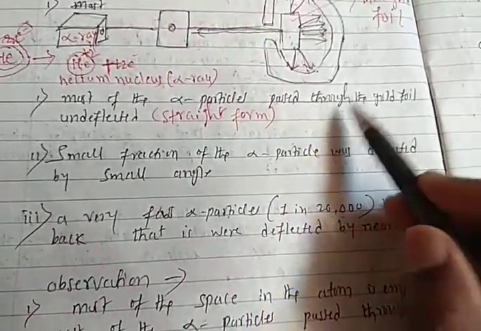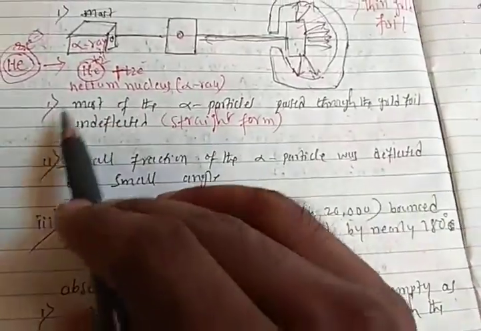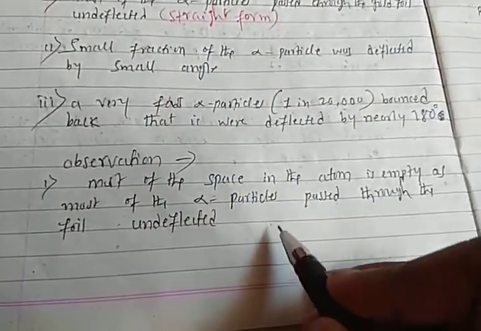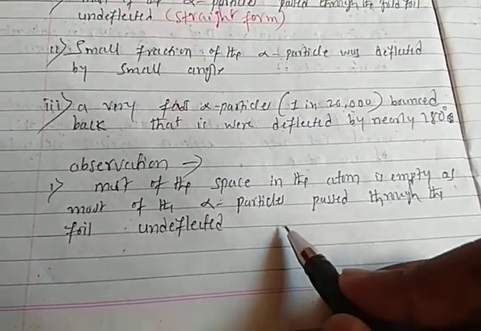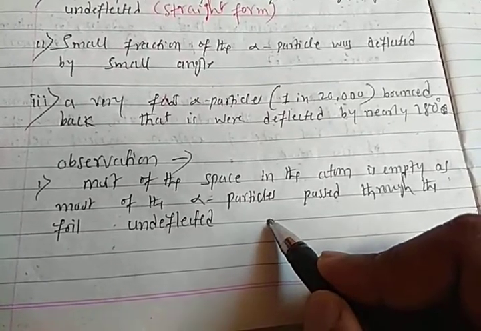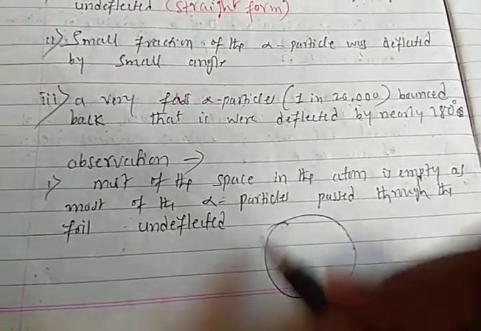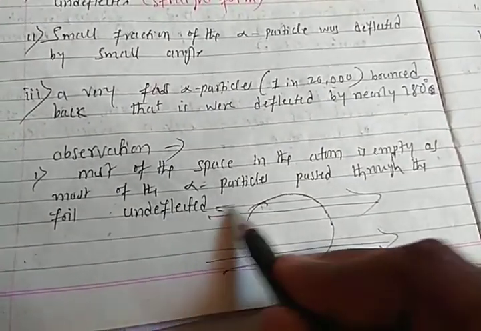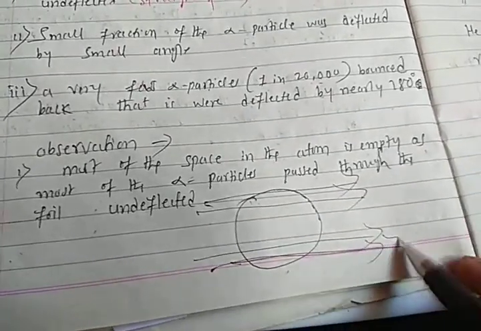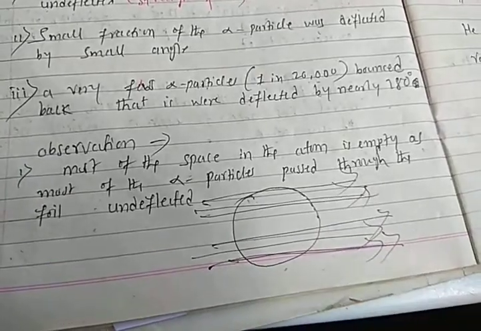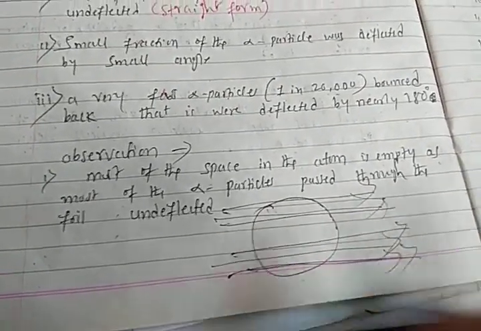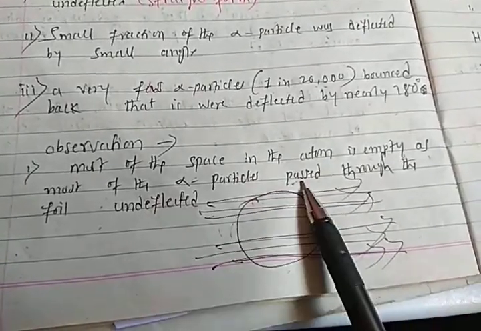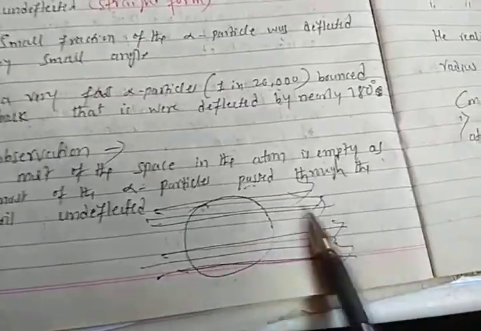The first point is that most of the alpha particles are moving in a straight line. Why are they moving straight? He came to the conclusion that the atom contains mostly empty space. Due to that, many alpha particles move in a straight line without any deflection. That's why all those alpha particles moved without deflection.